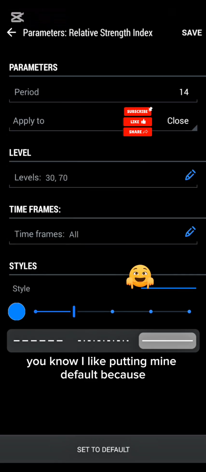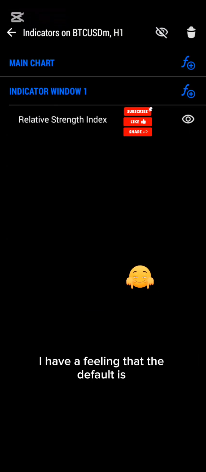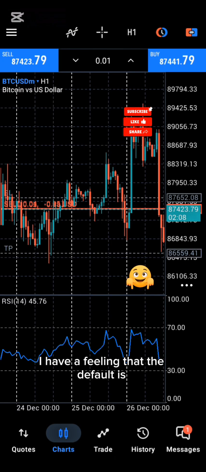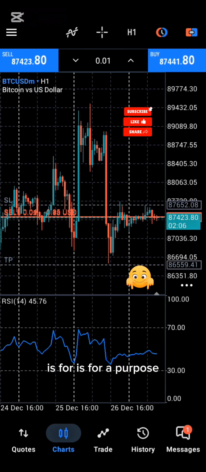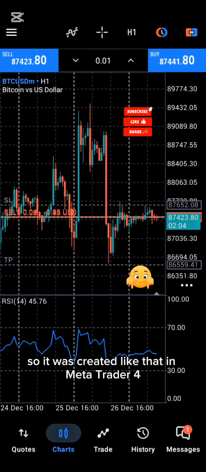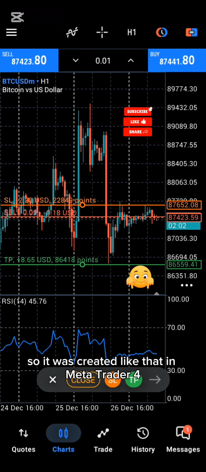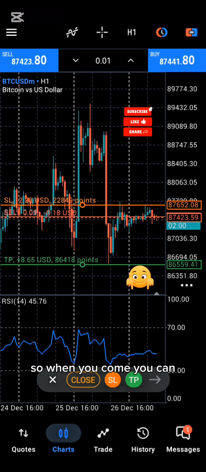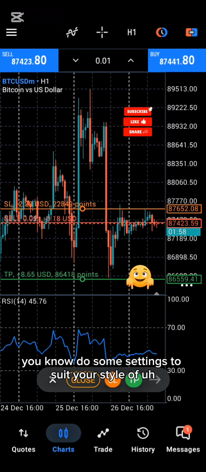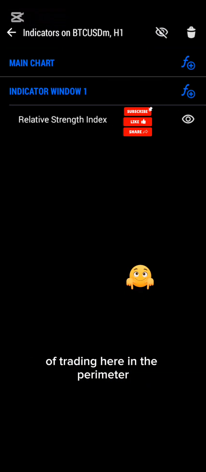I like putting mine in default because I have a feeling that the default is for a purpose. So it was created like that in MetaTrader 4. So when you come, you can do some settings to suit your style of trading.